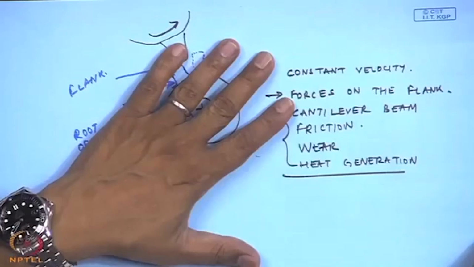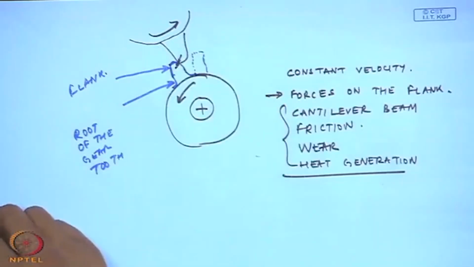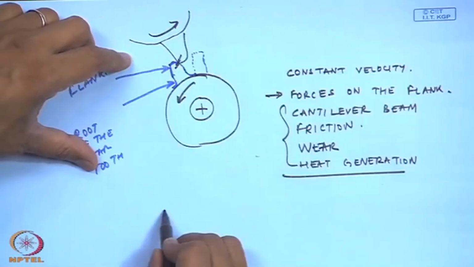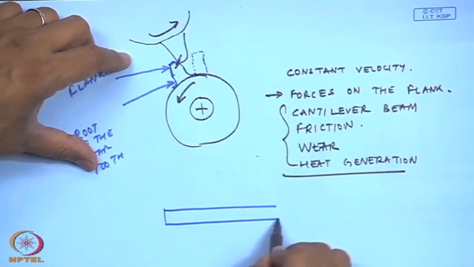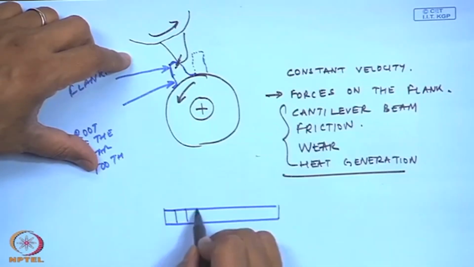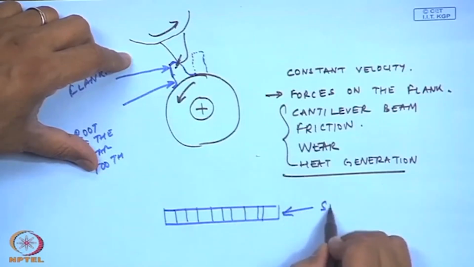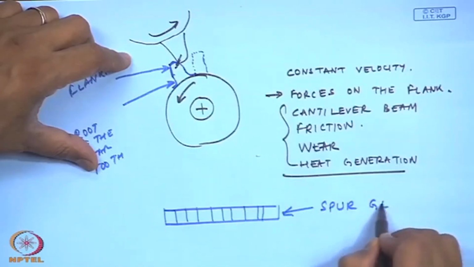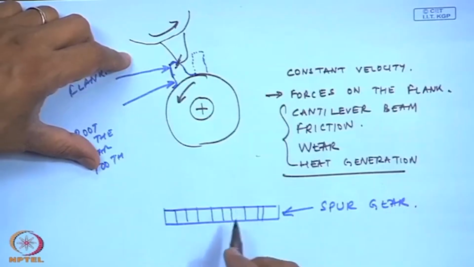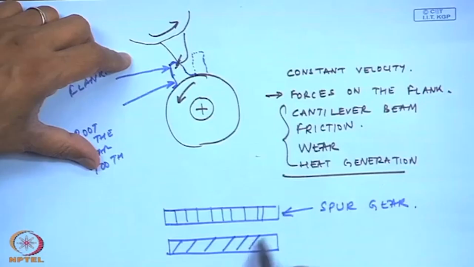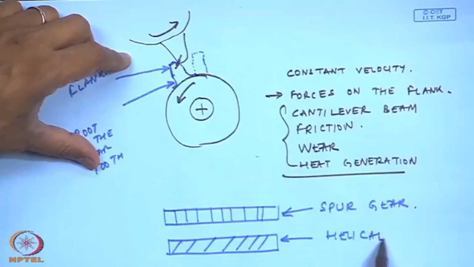I will come to this a little later, but now let me tell you what are the different types of gear available. If I look at the top view of a gear, these gears can be all straight, and these are usually known as spur gears, or they could be at an angle, and these are known as helical gears.